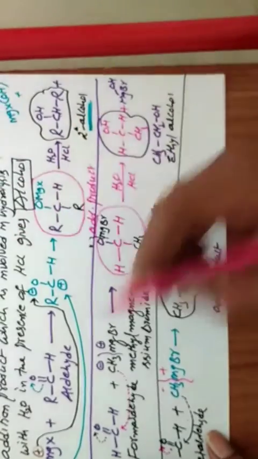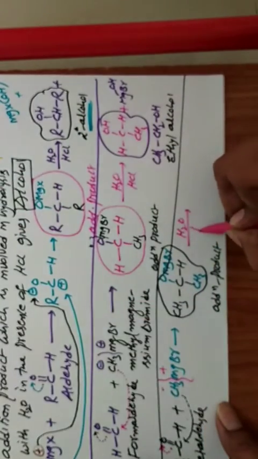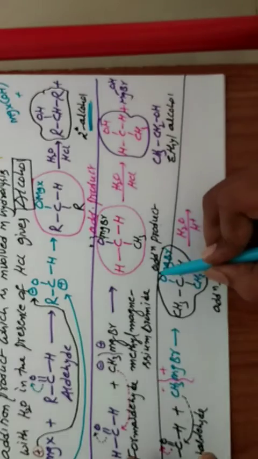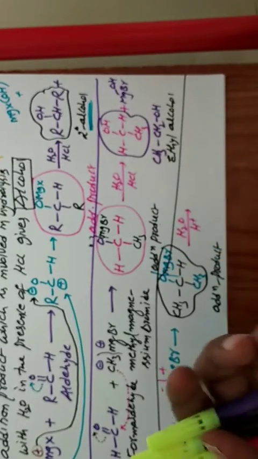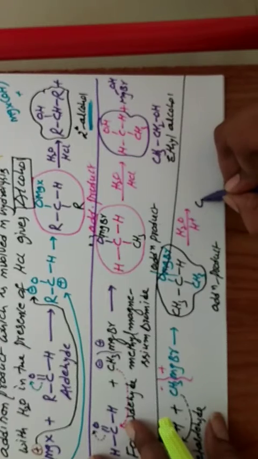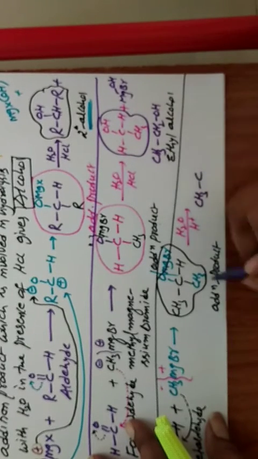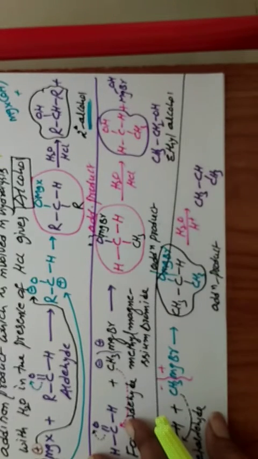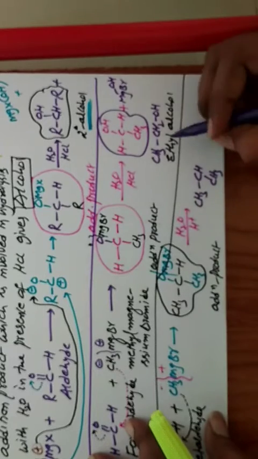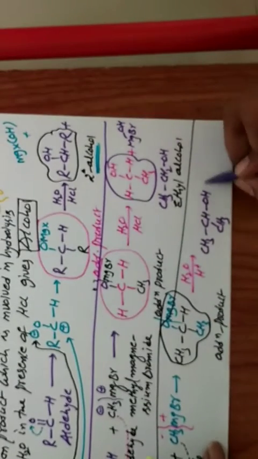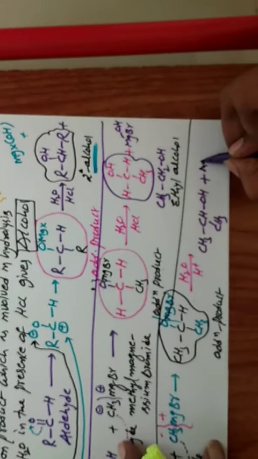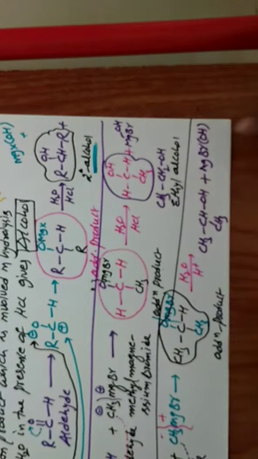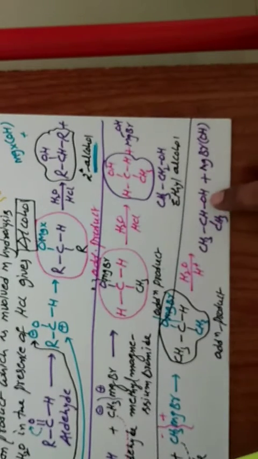According to the statement, it is involved in hydrolysis in the presence of HCl, that means acid H plus. So here the bond will be broken. We get the product CH3, C, H, with OH on that carbon, plus MgBrOH. This is the byproduct, and this is the main product.